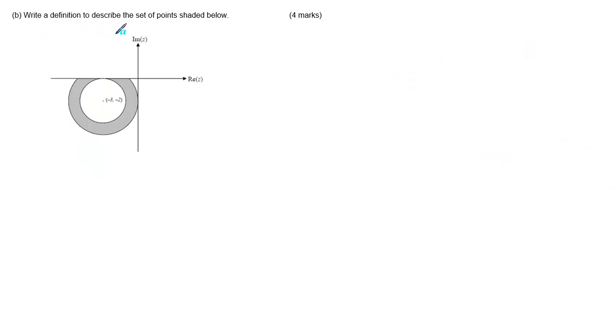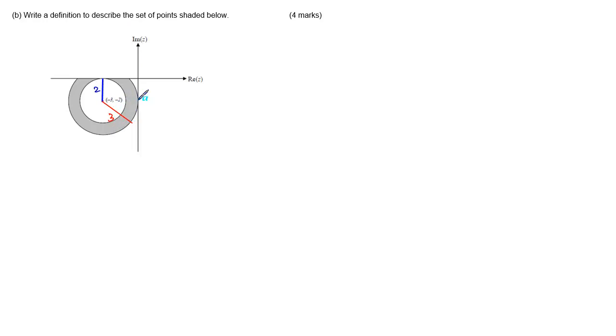Write a definition to describe the set of points shaded below. So, if we consider here, look at what the centre is, we can see the inner circle here has a radius of 2. And here, we can see that the outer radius must be 3.